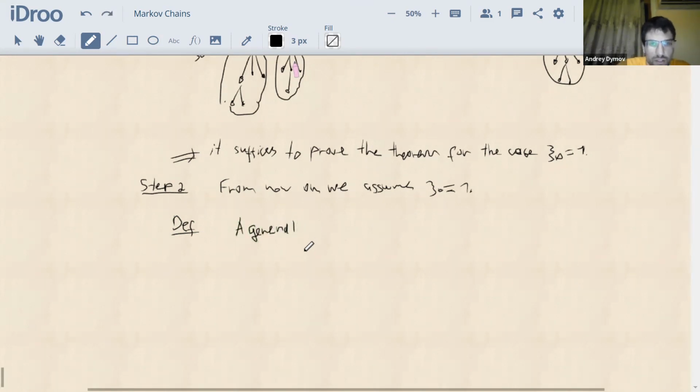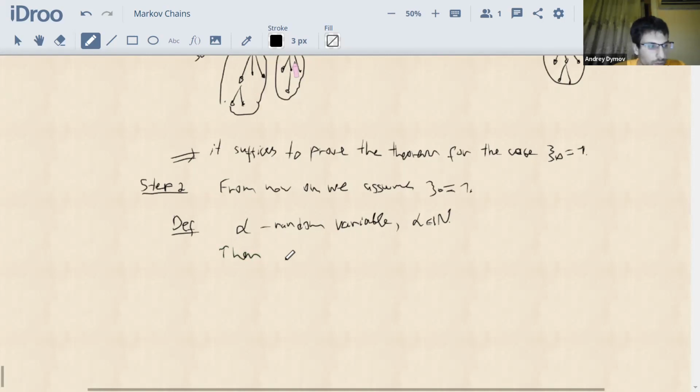So let me write it slightly more briefly. So let x... Well, x is not very good because usually this is a state space. What else do we have? Okay, alpha be a random variable, and let us assume that alpha takes natural values.